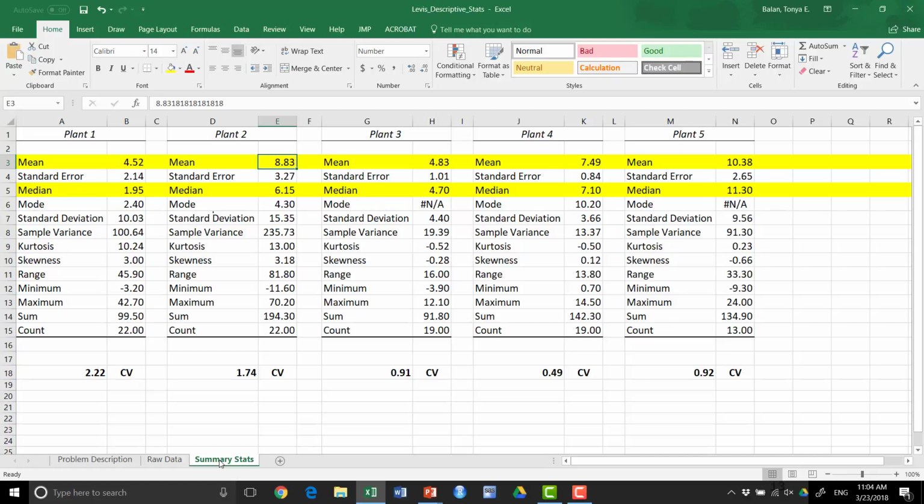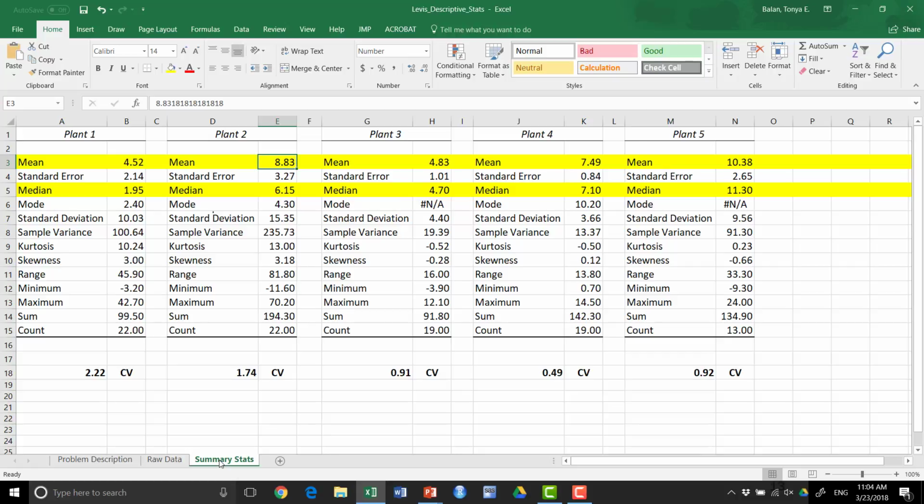With respect to these data, if our goal is to minimize waste, then as we look across these plants, we might begin to hone in on plant 1 or plant 3, both of which seem to have relatively low waste. Plant 1 might actually be the lowest if you look at the median value. The mean values are pretty close for those two plants.